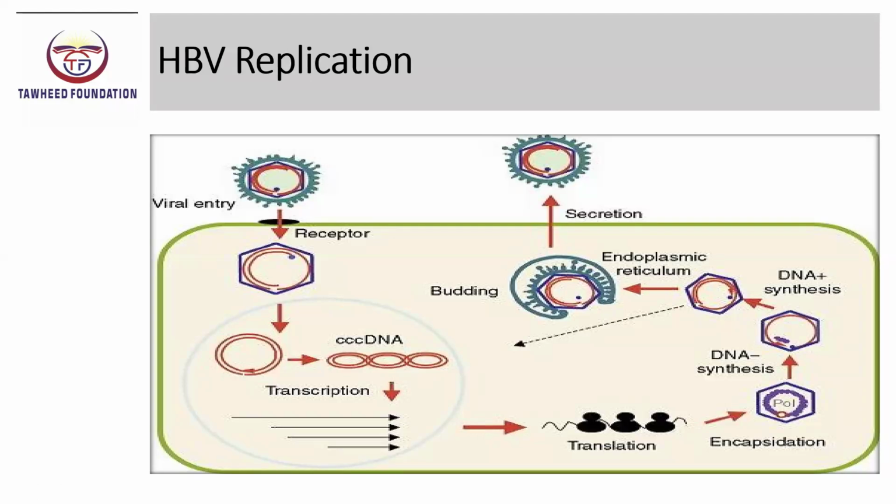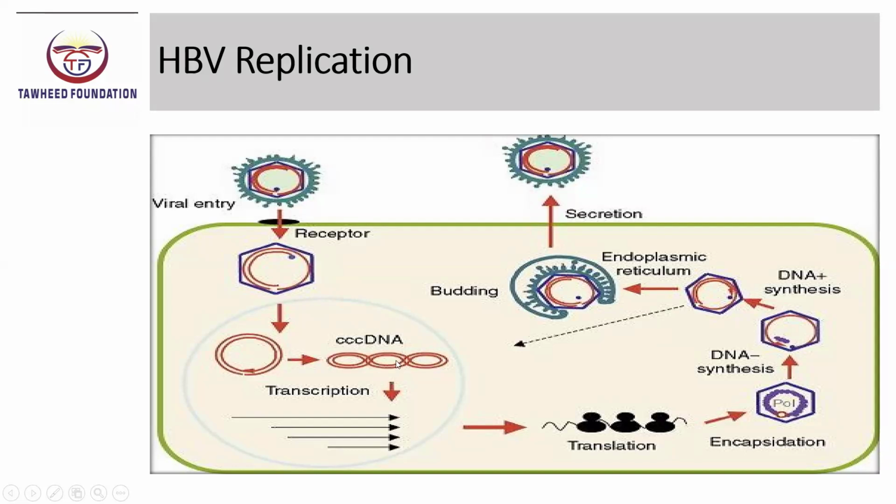Through this, cccDNA is formed. So what is cccDNA? It is covalently closed circular DNA. Once inside, the viral DNA is converted into covalently closed circular DNA, that is cccDNA, inside the nucleus.